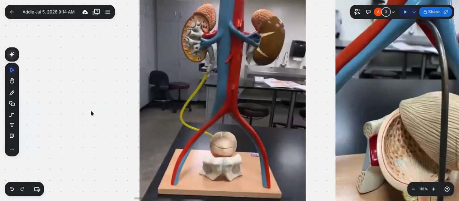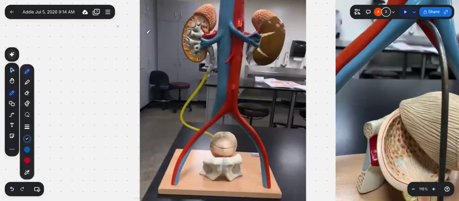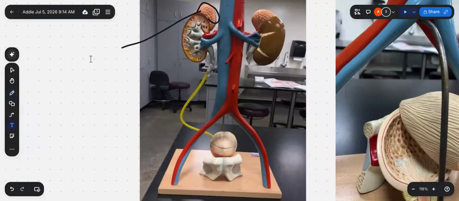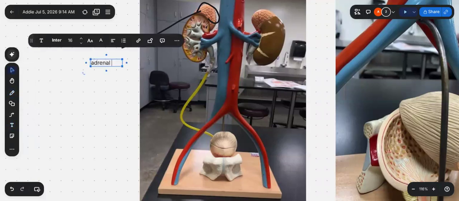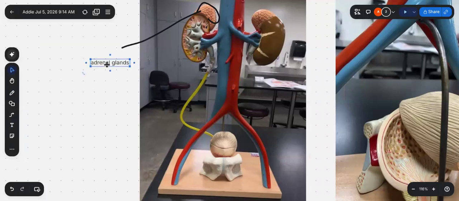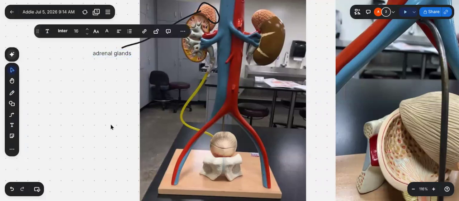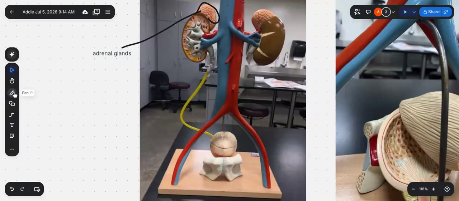And now we are going to go to the urinary system. So for the urinary system, you have your adrenal gland here up at the top. There are some important hormones that accompany the adrenal glands. If you want a video on hormones, let me know and I can make that as well. Then you have the kidneys.